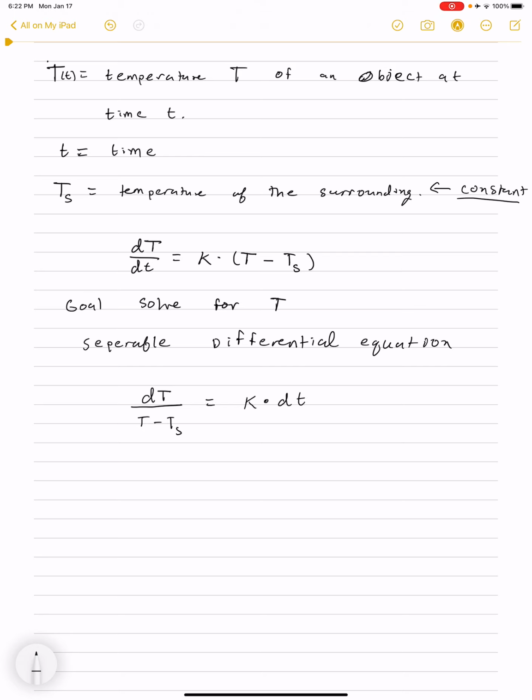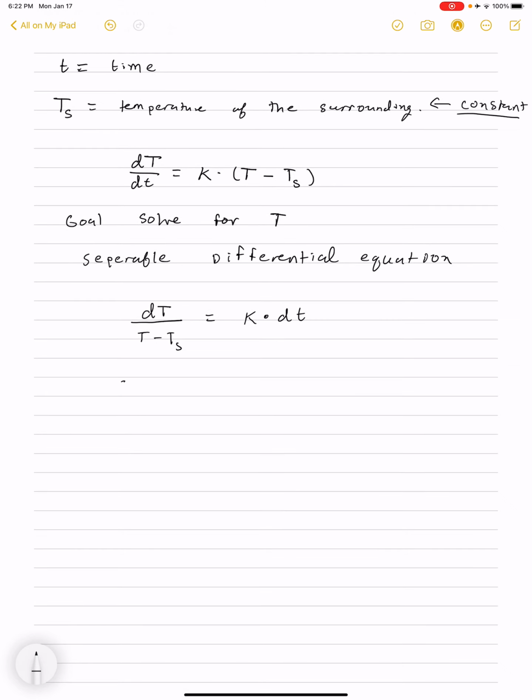Just clearing the denominators and putting the variables together gives us that. The next thing we do is we integrate. The integral of k with respect to time, k is a constant, the variable here is time, so this is just equal to kt.